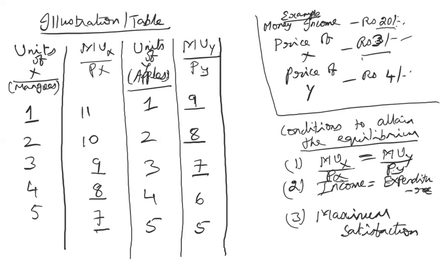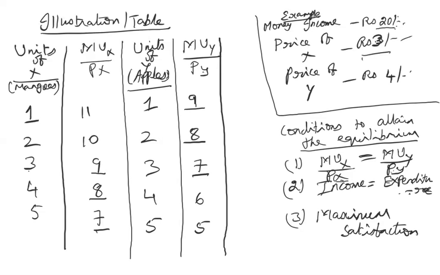Out of these combinations, which combination does he have to choose? For that, we have to check the second condition: income must be equal to expenditure. The first condition is satisfied in these three situations.